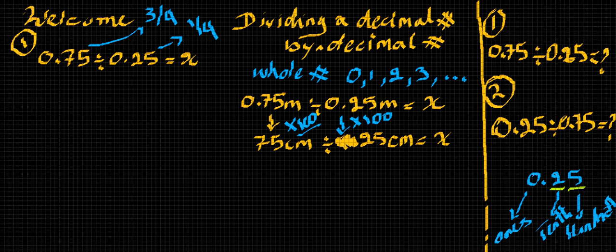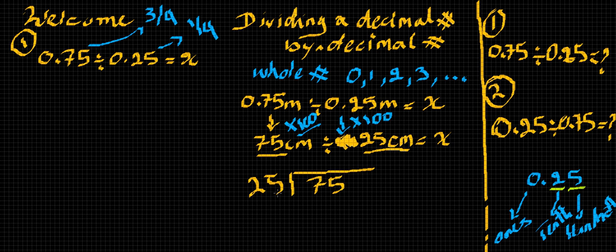Okay? Now, after we get this, we have both numbers as whole numbers. Now, we're going to set up our long division. So 75 goes over here, 25 outside. So 25 is the divisor, 75 is the dividend.